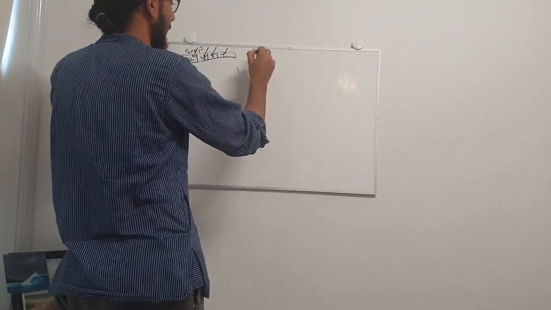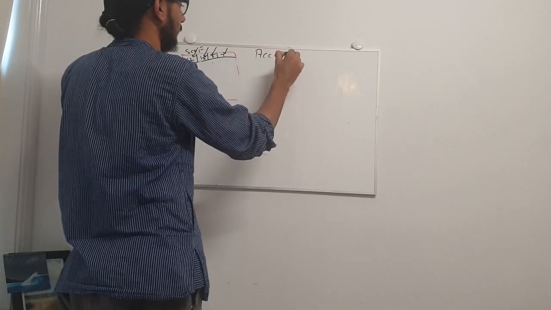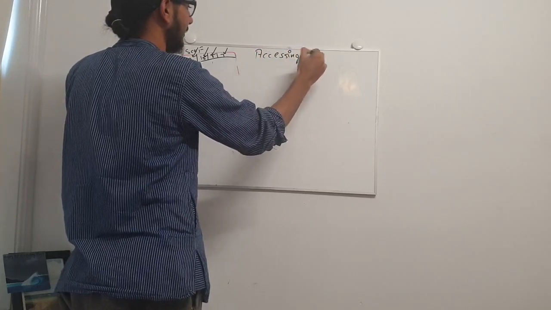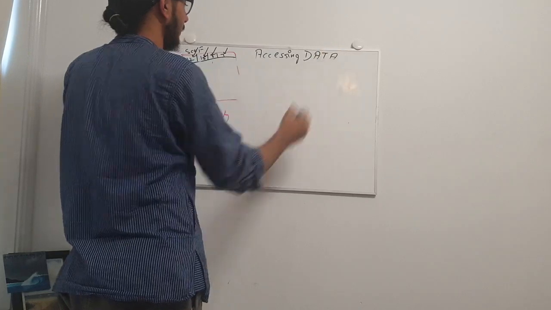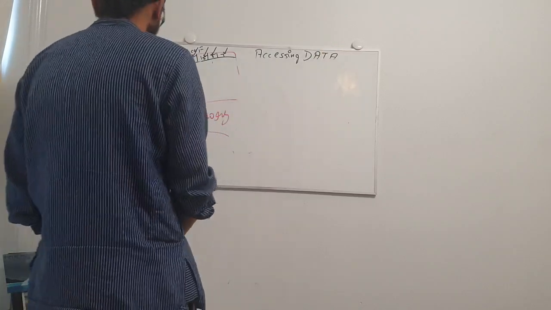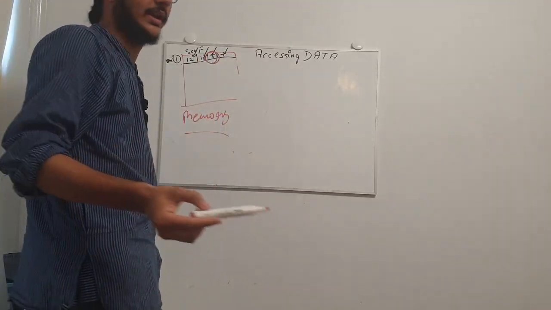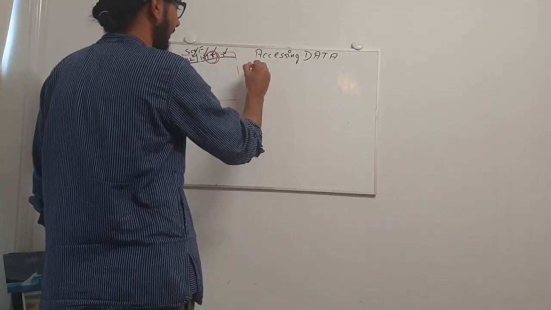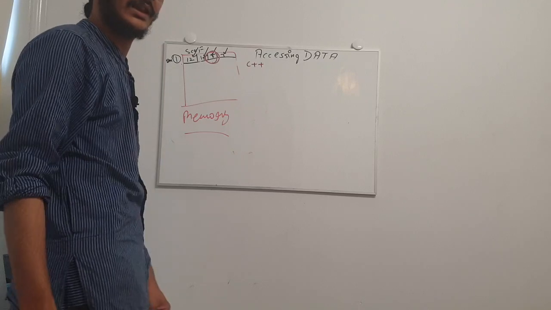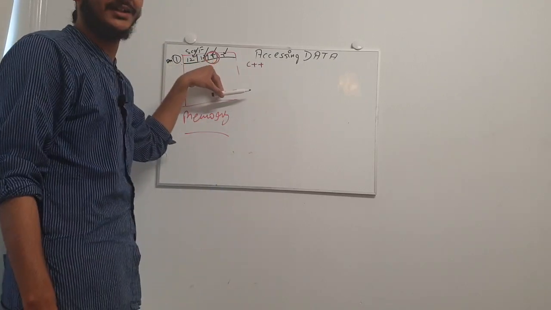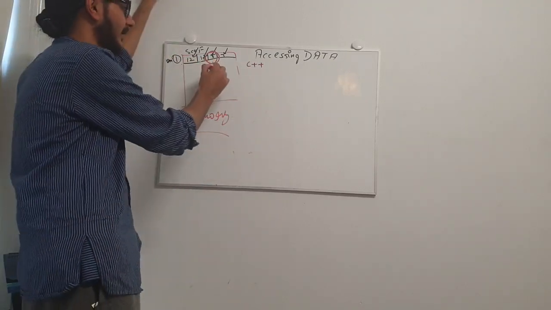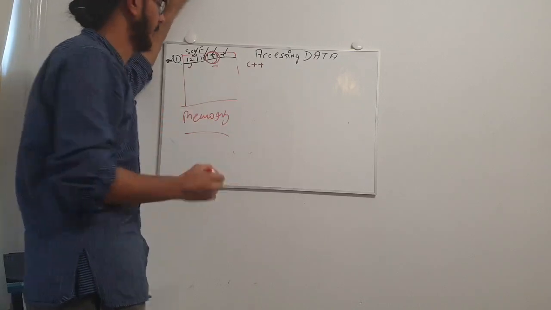So accessing data is the next point. So I want to access, suppose, this thing in my memory. So how can I access? Like in C++, how will I be accessing this data from an array? This is a question for you.